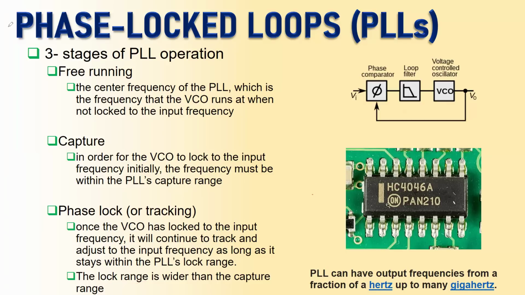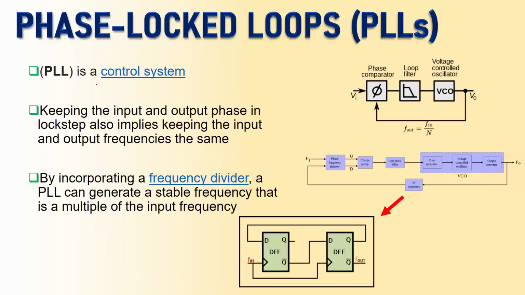Now we move to the next point where we can see that the PLL is basically a control system. What does that mean? It means the VCO frequency will be continually adjusted by the input applied to the VCO so that this VCO's frequency signal will always be in lock. VCO's output signal will always be in phase lock with the input signal applied to the phase detector.